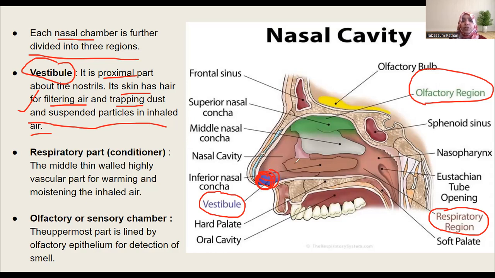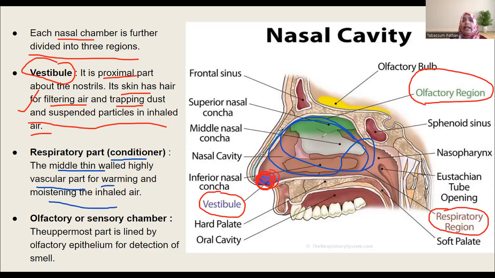Then as you move forward, this is the respiratory region. As you can see, this is the conditioner region. Here the air is moist, warm. The middle part is a highly vascular part. Blood supply is there, for warming and moistening the inhaled air.